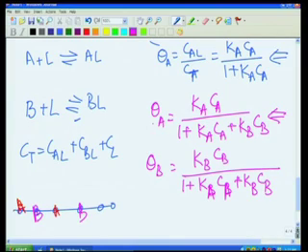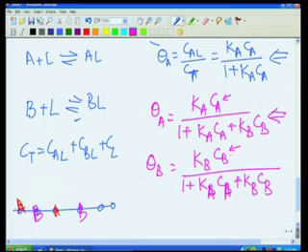So, competition has reduced the coverage of A. What else has competition done? We can also argue in the following manner: which one of the two will be more? Will B be adsorbed more or A be adsorbed more? What will it depend on? Obviously, it will depend on the concentration of A and B.